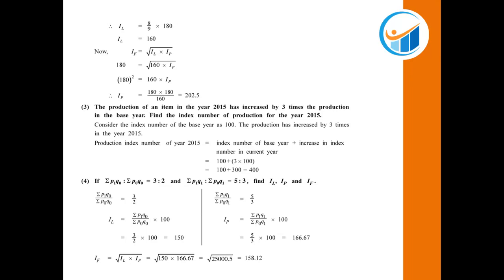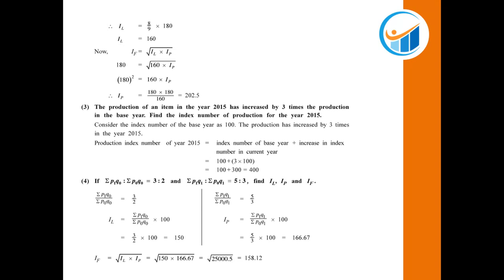So the index number of Paasche is very easily calculated in this sum. Sigma P1 Q1 upon sigma P0 Q1 ratio is given, 5 upon 3, into 100 you have to do. So 5 upon 3 into 100 is 500 divided by 3. We get the answer 166.67. So the index number of Laspeyres is with you, the index number of Paasche is with you.